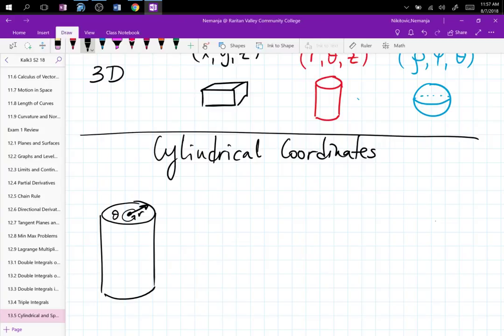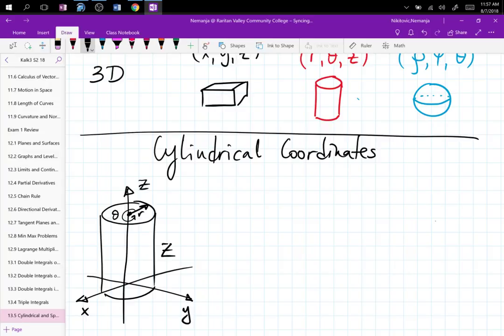So we know how the polar coordinates work. That's our base, and then we have a straight up z, which is the height. So cylindrical coordinates will be just your polar coordinates, and then you just add z to it.